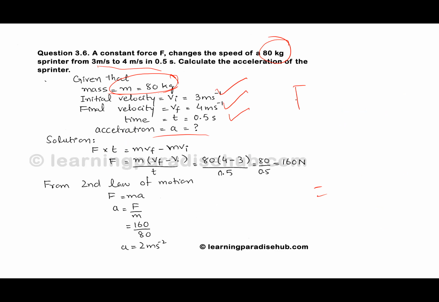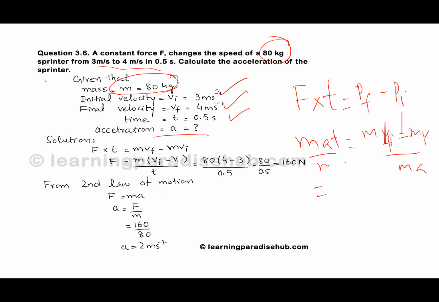Using the equation of impulse, F times t is equal to p minus pi. So to find acceleration, ma t is equal to mvf minus mvi divided by ma.